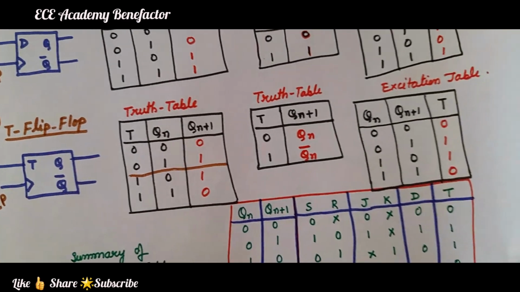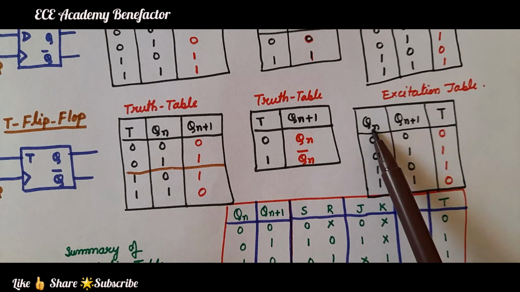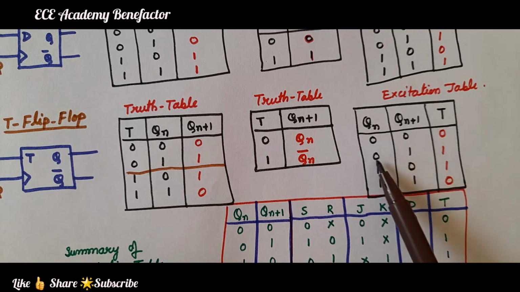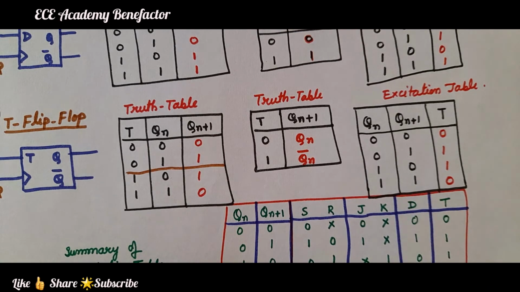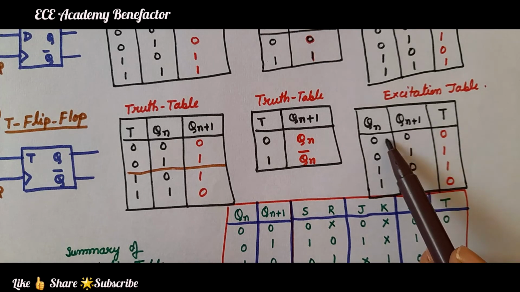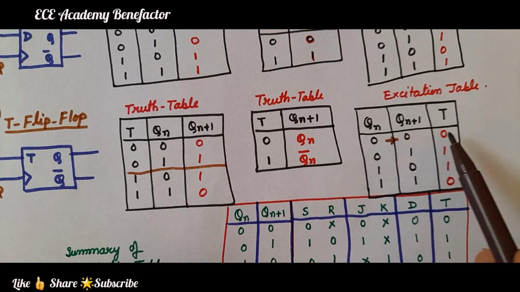Coming to the excitation table, we write the excitation table for Qn and Qn plus 1. For these 2 variables, we have written the 4 combinations, 0 0, 0 1, 1 0, 1 1. So, here we see the transition from 0 to 0, is there any change? No change. No change means T value is 0, no toggling.